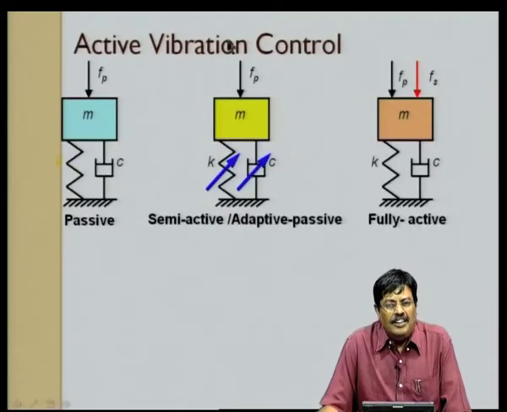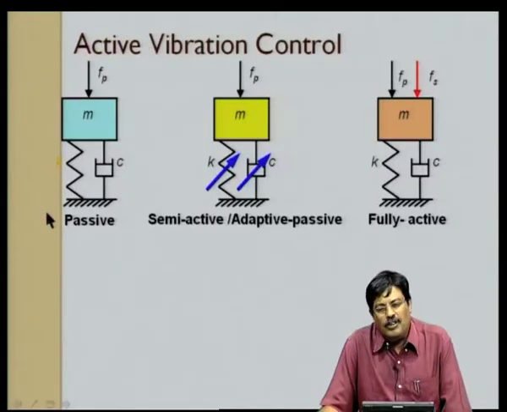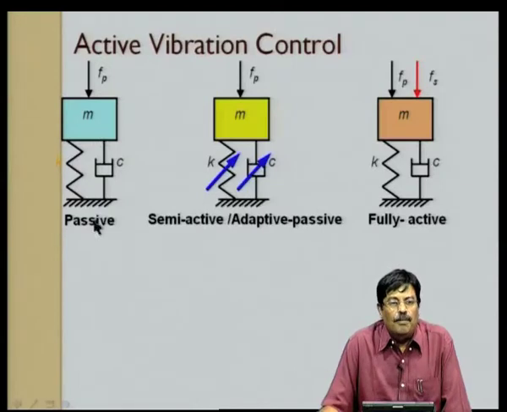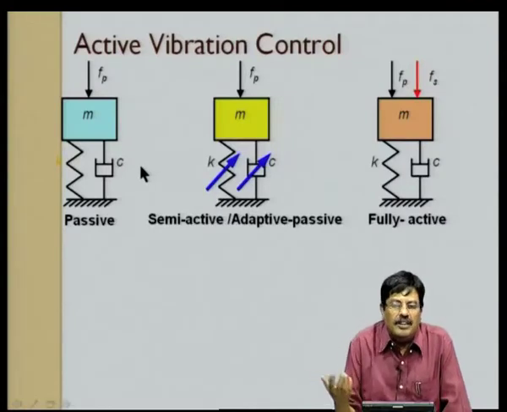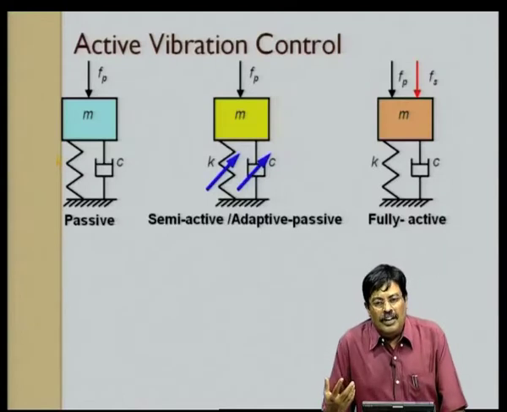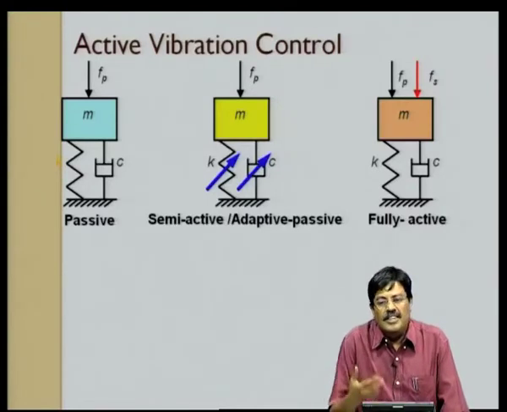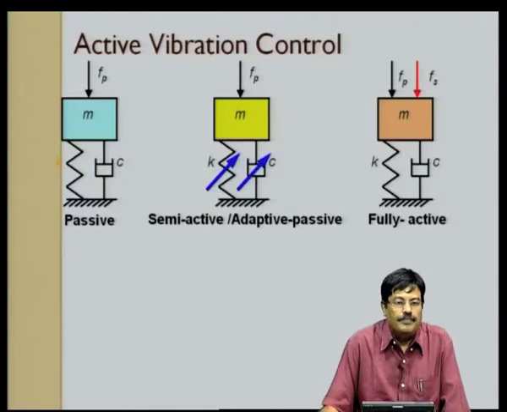The active vibration control we are talking about can be passive. In the passive case, we increase the damping material. We put in a new material which can give a substantially higher damping in order to control it, so there is no change in the stiffness or anything else.